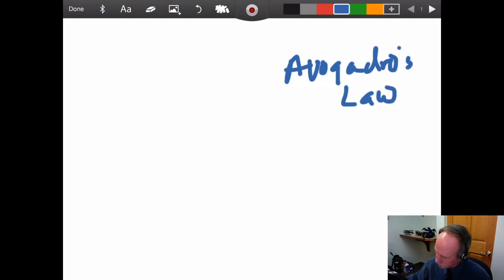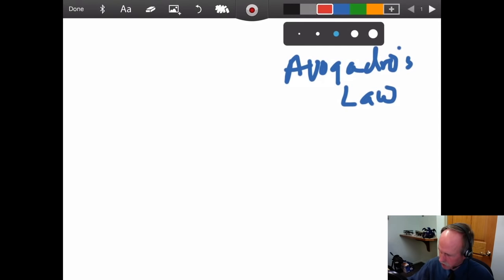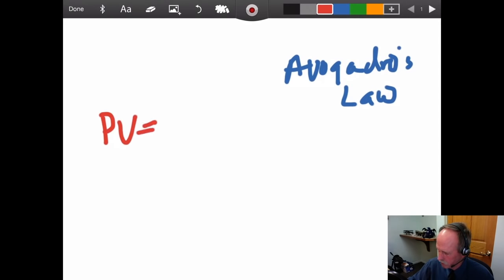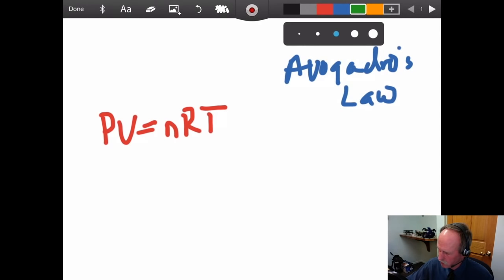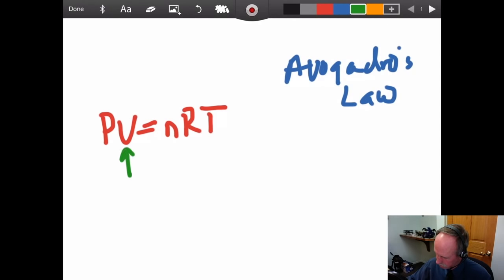In this, we've got our original equation, PV equals nRT. What we want to solve for is volume and the number of moles. The rest of these will, of course, hold stable.